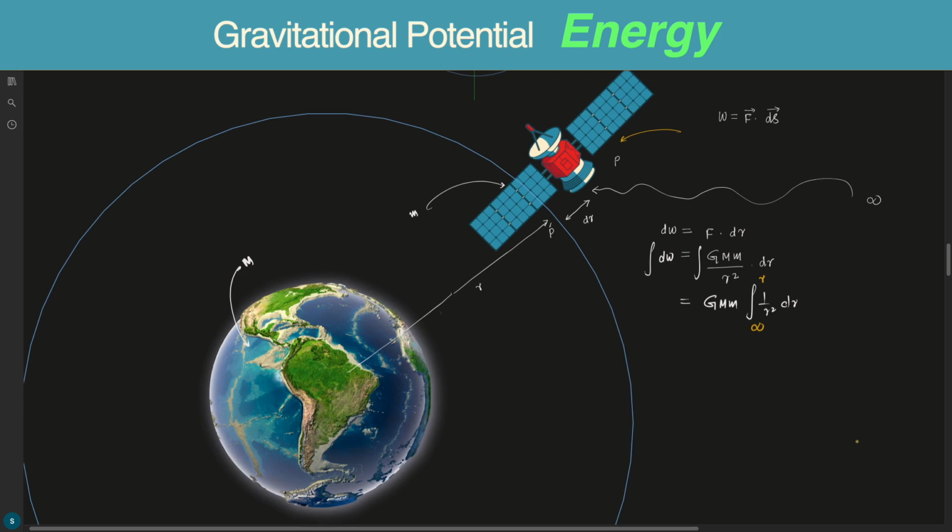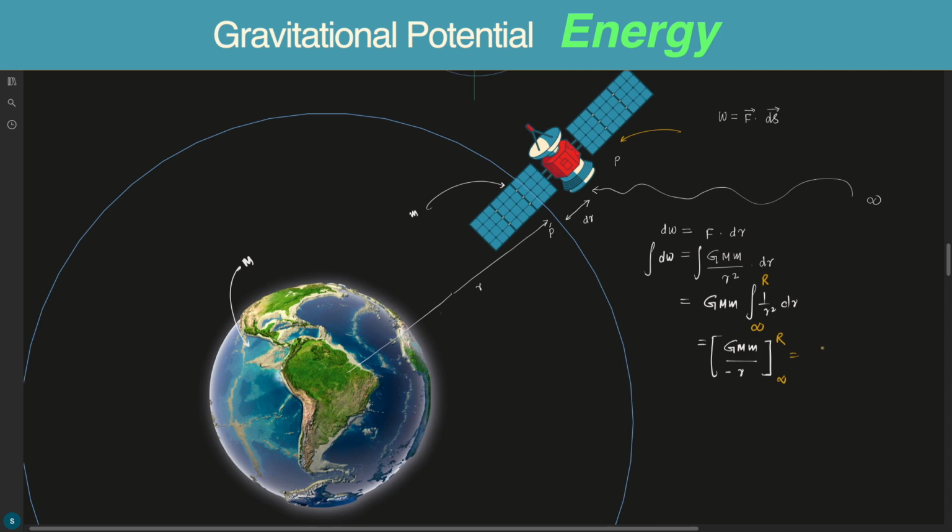If you want to bring this object to the surface of the earth, then you can write capital R. Now I want to perform the integration: the integral of 1 by r square is minus 1 by r, so GMm times minus 1 by r, and then we apply the limits.